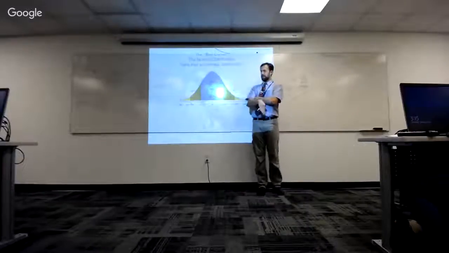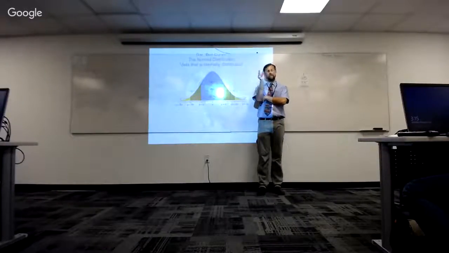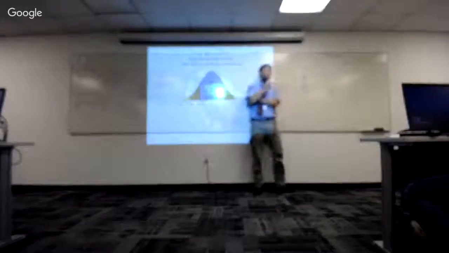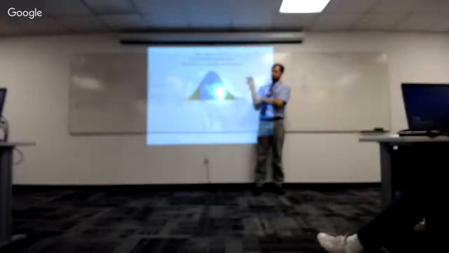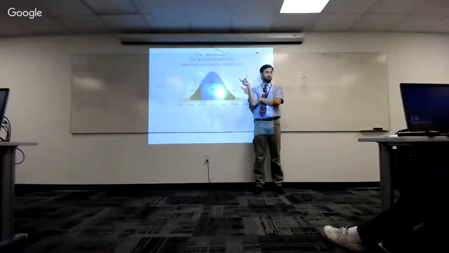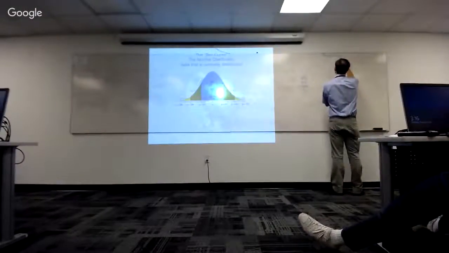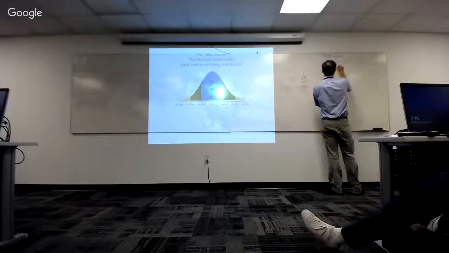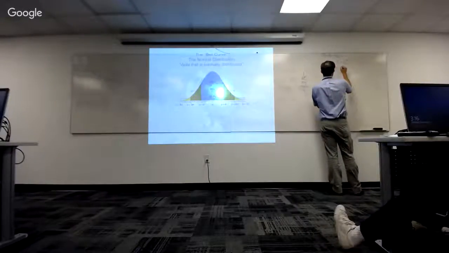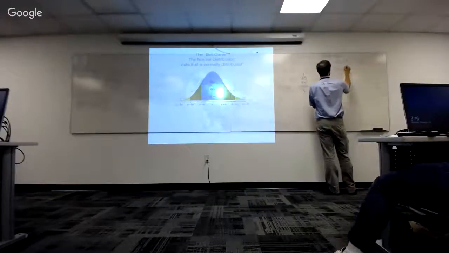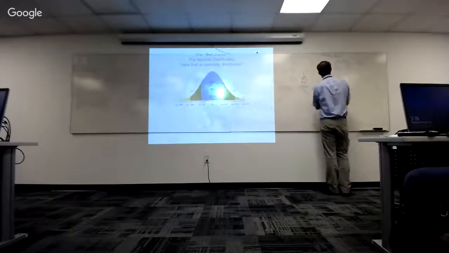You type a bunch of data into your calculator, you hit one variable statistics, and that's the mean, x bar. Standard deviation was one of the other values your calculator gave you. In this case the mean is 65 and the sample standard deviation, s sub x, was 3 inches. Now what does that mean?